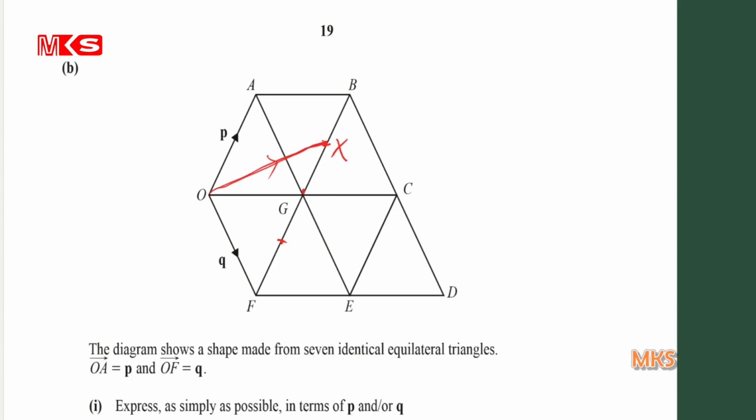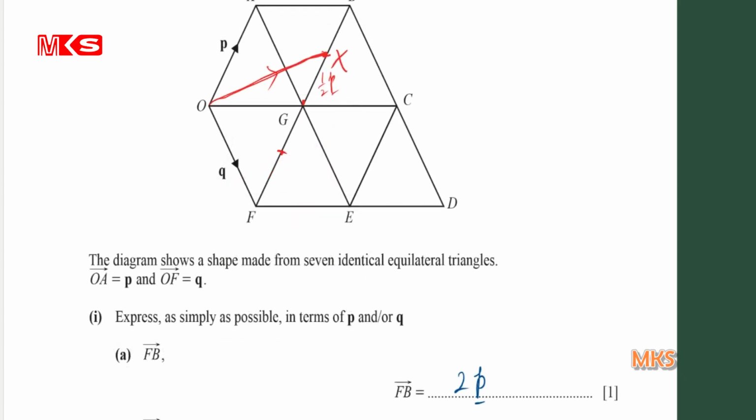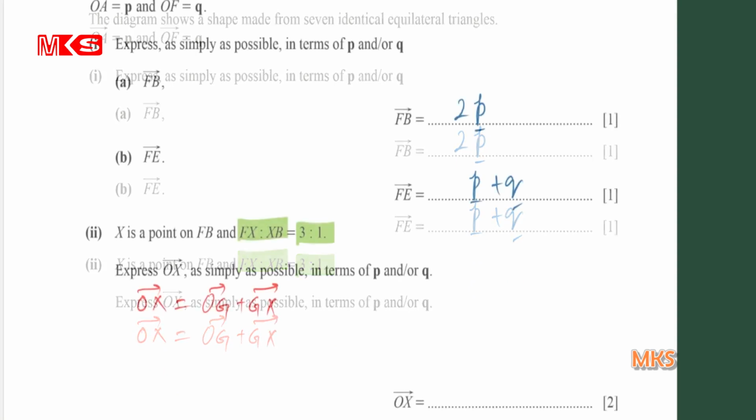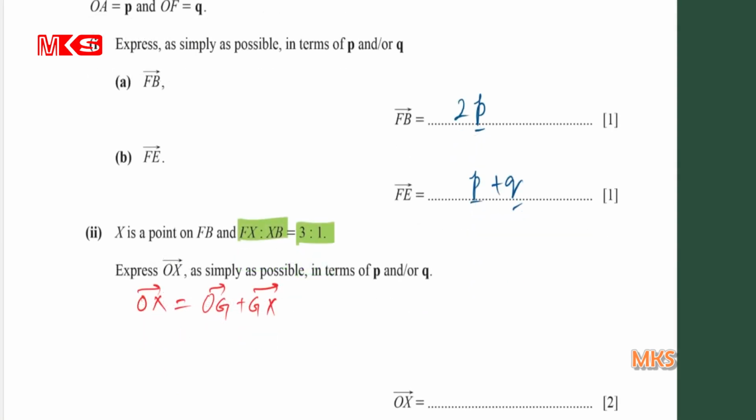And we have to express OX in terms of P and or Q. As we have discussed in the first part, FG or GB each will be equal to P. GB will be P, GX will be half P. OX will be OG plus GX. Here you can see the first vector OG starts from O and ends at G. The second vector starts from G and ends at X. So the resultant will be OX.